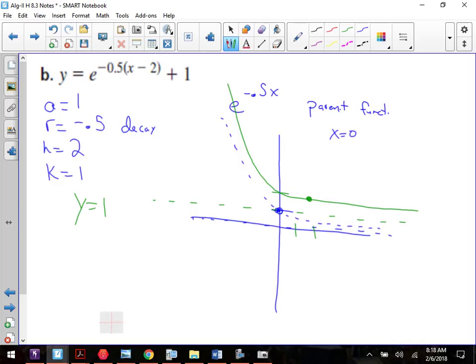I don't know if it goes through 2 there. That was just me turning. It's just badly drawn. I'm not a very good drawer.